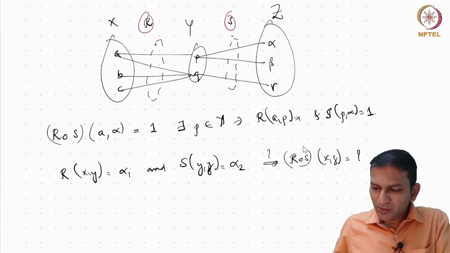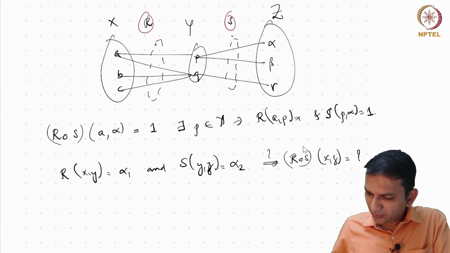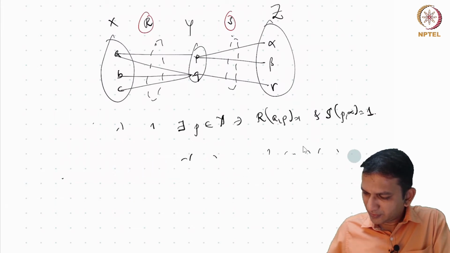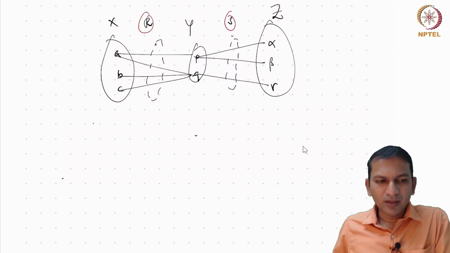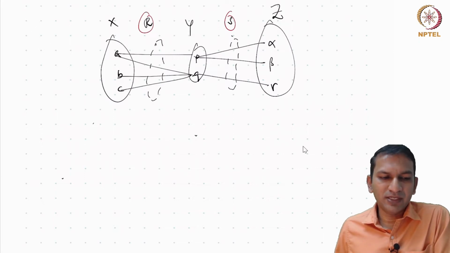So now let's look at this diagram that we have here, and perhaps allow me to remove this. We are asking the question, what should R circle S of xz be for any given pair of x, z?